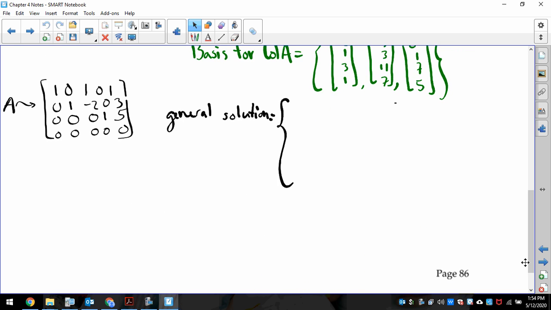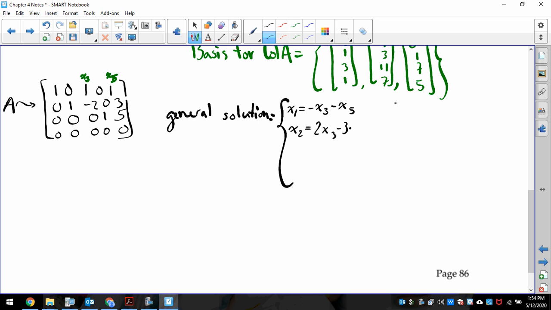Okay, here we go. General solution is going to be, let's see, so we want to write our free variables. So x2 is free, x3 is free, x4 is free, and x5 is free. We want to write all of our basic variables in terms of our free. So x1 is a basic, is going to be equal to negative x3 minus x5. x2 is a basic variable, and it's going to be written in terms of 2x3 minus 3x5.